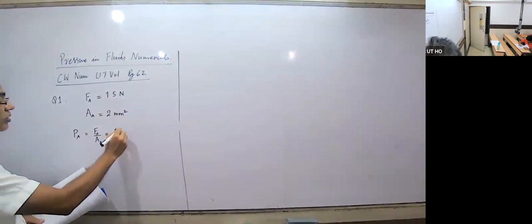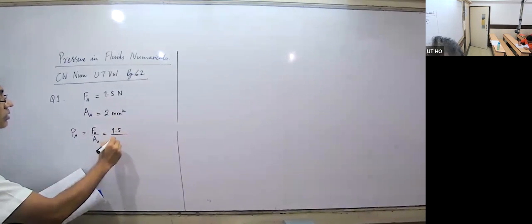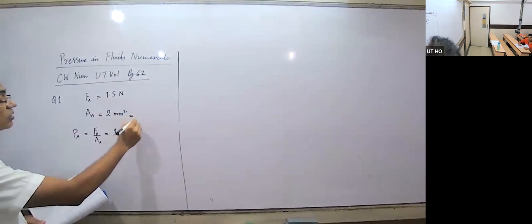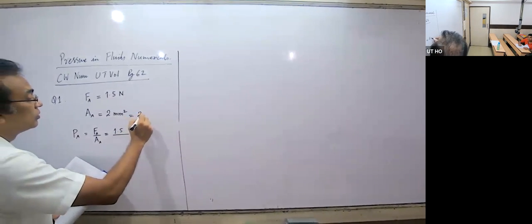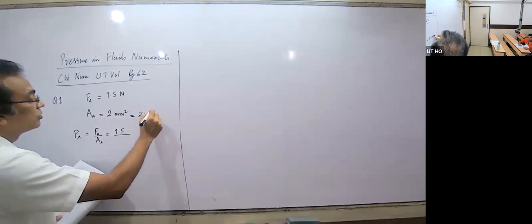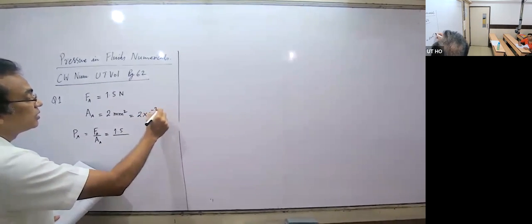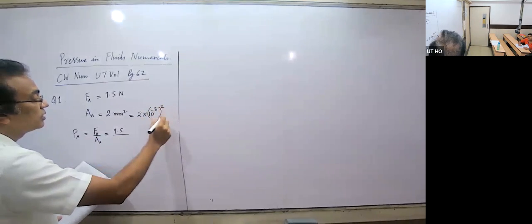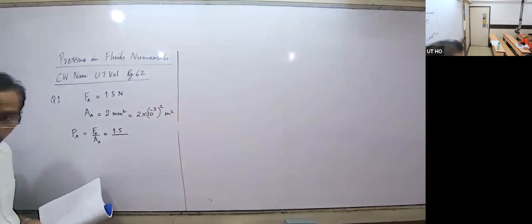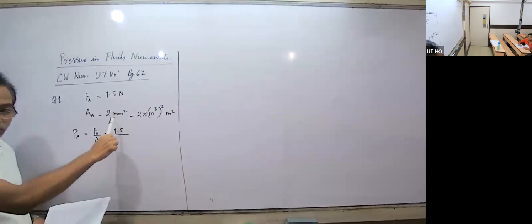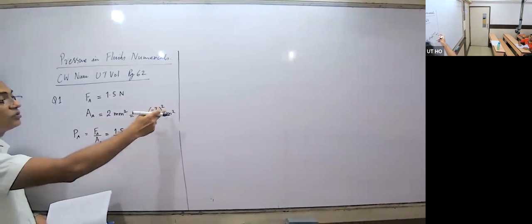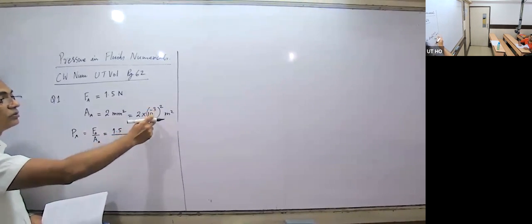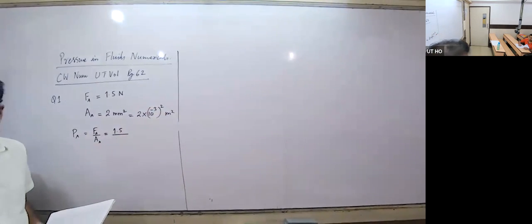So this is 1.5 divided by 2 millimeters square. How much will it be in meter square? 2 into 10 raised to minus 3, whole square. That will be meter square. How much is 1 millimeter in meters? 10 raised to minus 3 meter, right? So 10 raised to minus 3 square will result in this, meter square.